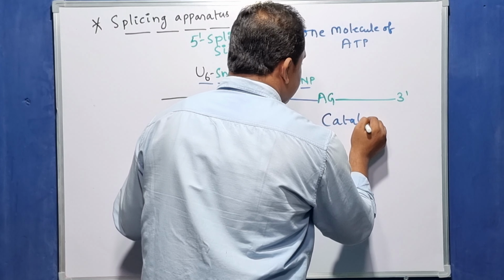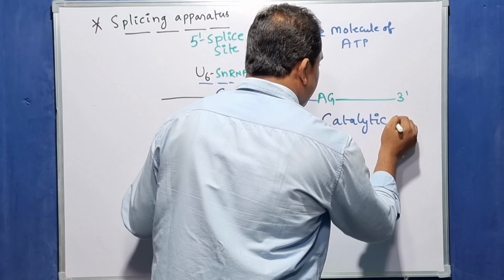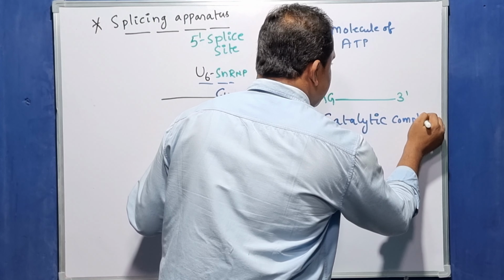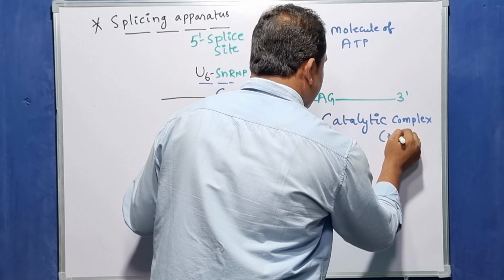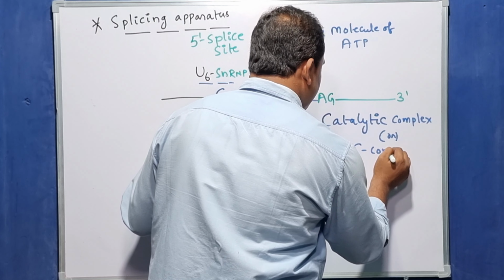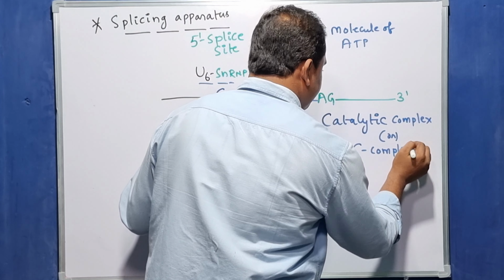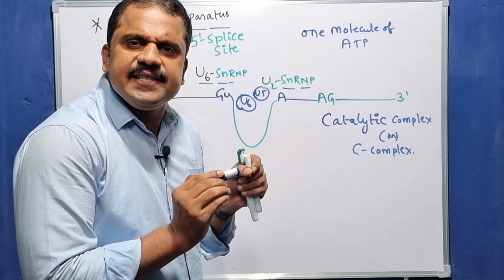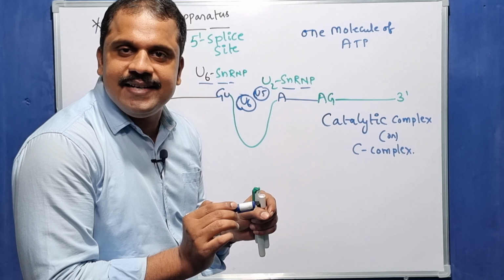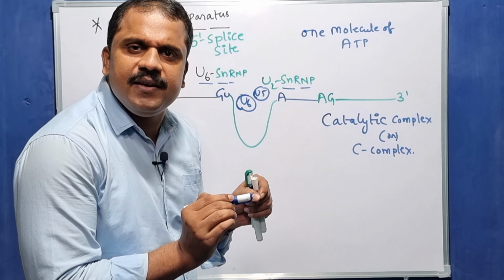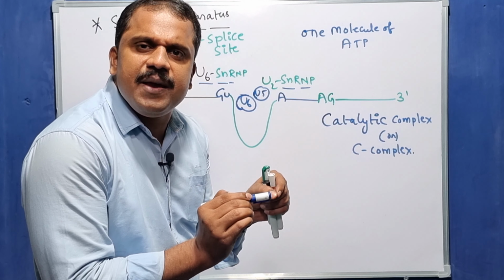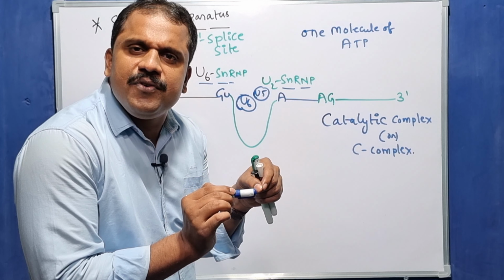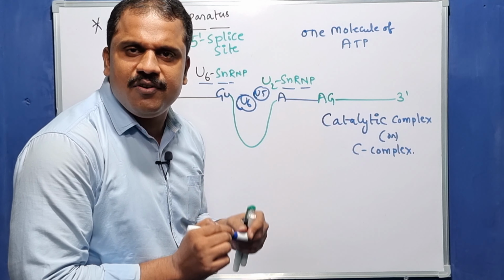Catalytic complex is simply termed as C complex. So once the catalytic complex or C complex is successfully organized, under such condition the specific U6 snRNP, which is in association with the 5' splice site, is capable to induce the nucleophilic attack or nucleophilic cleavage.